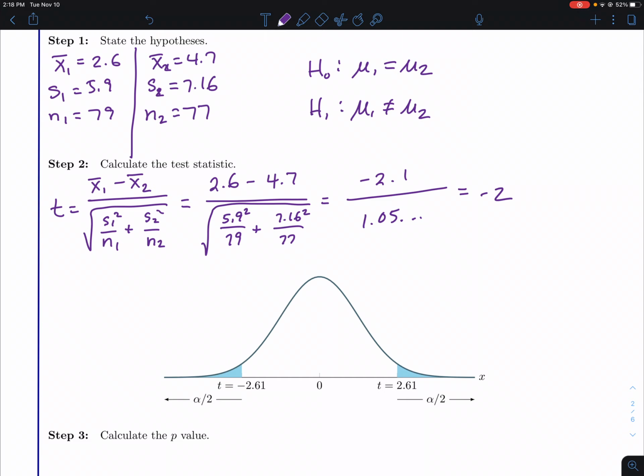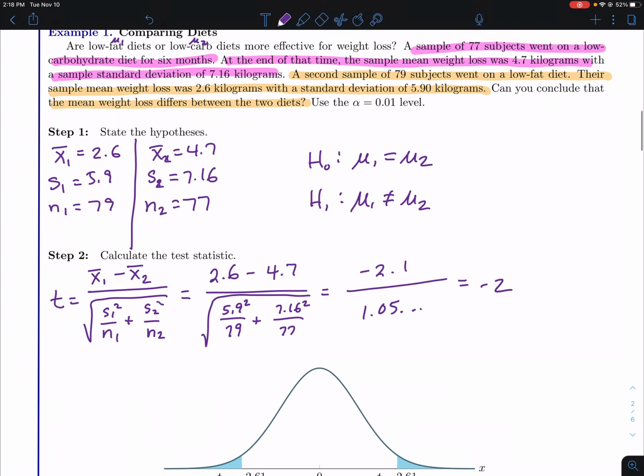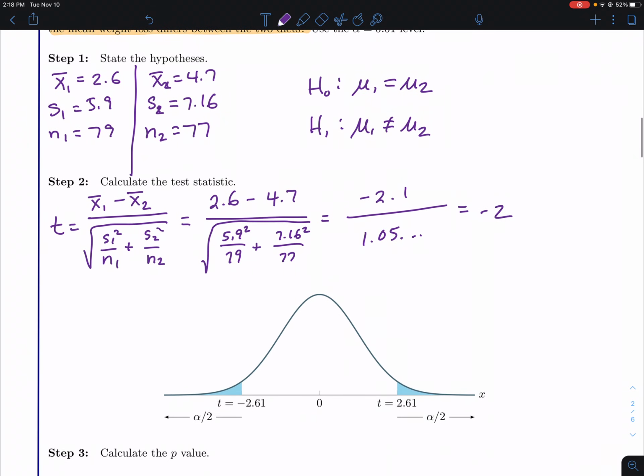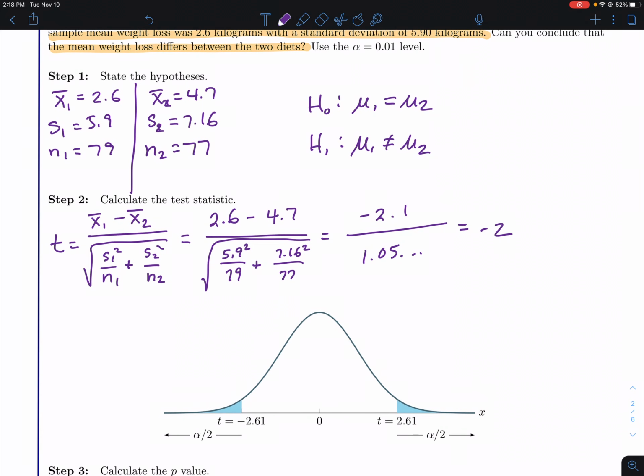All right. So in this case, what I'd like to do is compare this to the actual t-scores that we get. Now remember, since this is an equals, not equals, and we're testing at the 0.01 level, that means this alpha level is going to be divided in half. So we're going to have 0.005 down here and 0.005 down here.